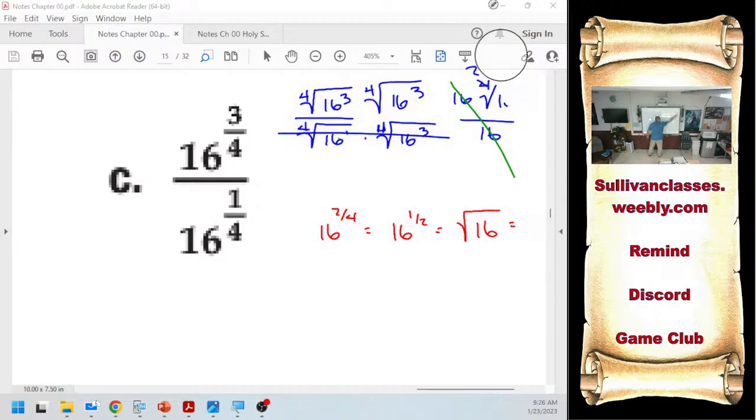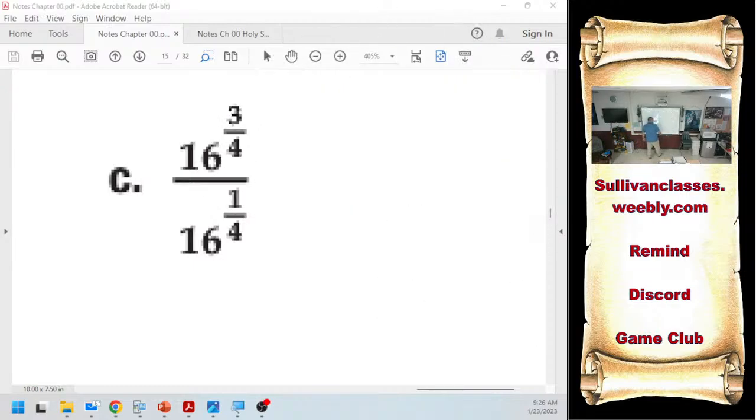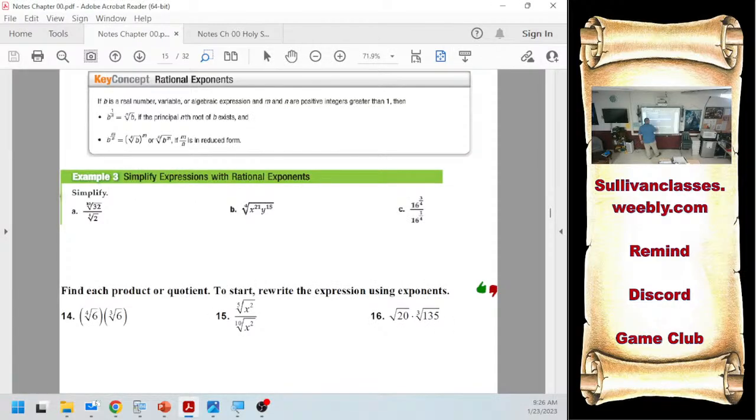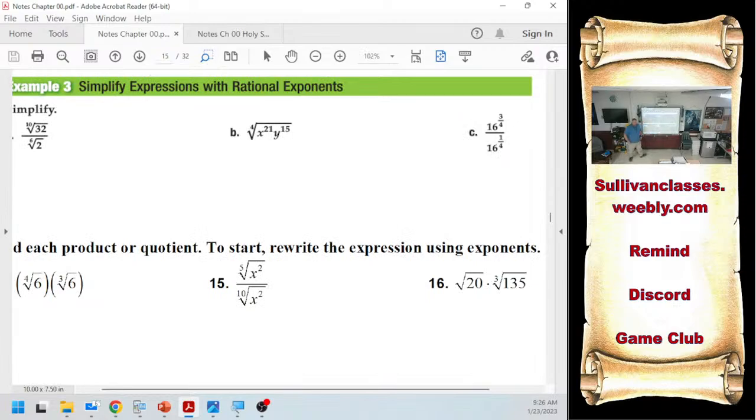You choose how you're going to handle that. And because multiplication is commutative and this is repeated multiplication, you get your choice of how to handle it. Whatever makes sense to you. If you want to break everything down by definition, go for it. If you want to turn them into rational exponents, go for it.